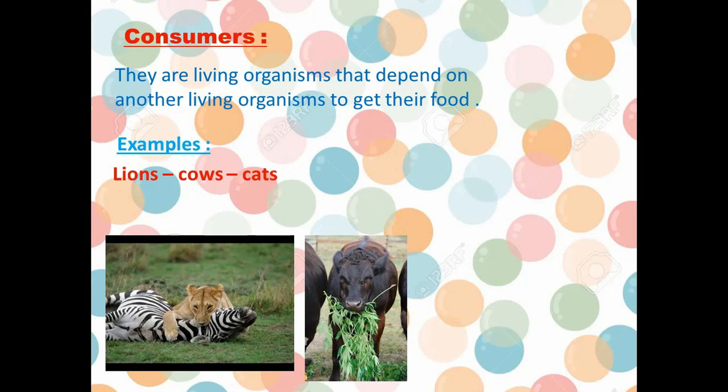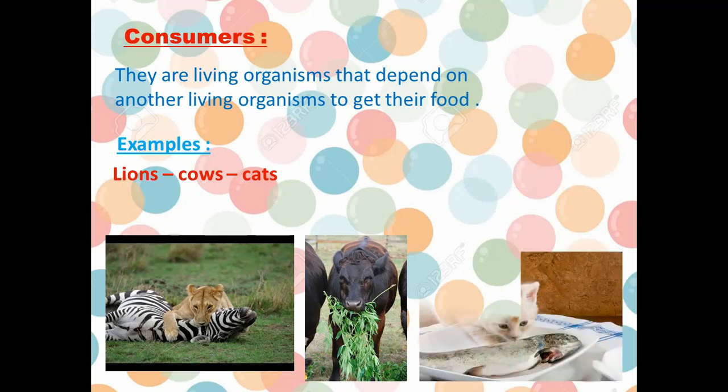Let's talk about cows. Cows get their food from plants, so they depend on other living organisms. So cows are consumers. What about cats? Cats get their food from fish, for example.